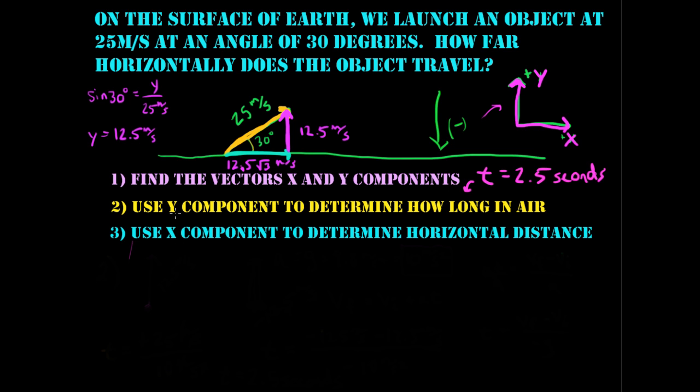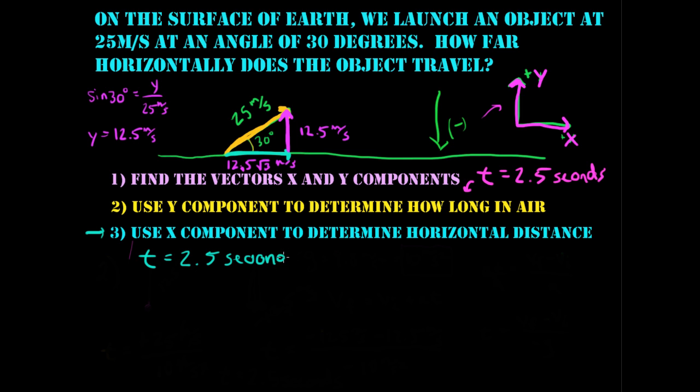So we've used the y component to determine how long this object is in the air. And the third part of the question wants us to determine the horizontal distance displaced, or the horizontal distance traveled by the object. So we do know that the t, the time in the air, is 2.5 seconds.